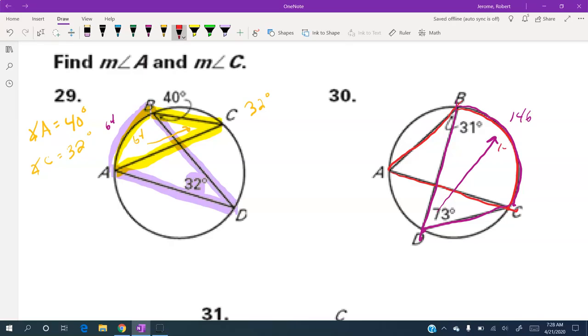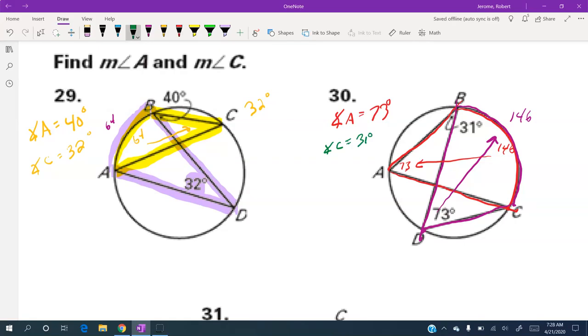But I'm going to take that same arc, which is 146, and trace it back to the angle and get 73. So angle A is 73 degrees. And using the same exact process, the same exact steps, I'm going to get angle C in this question to be 31 degrees.